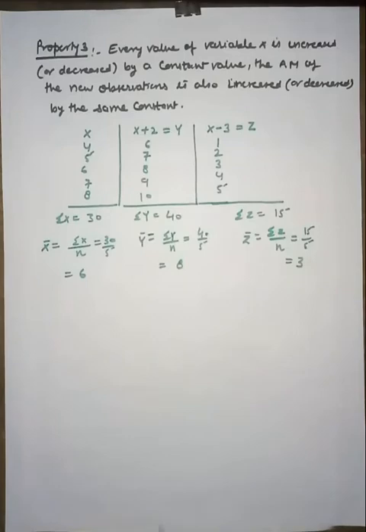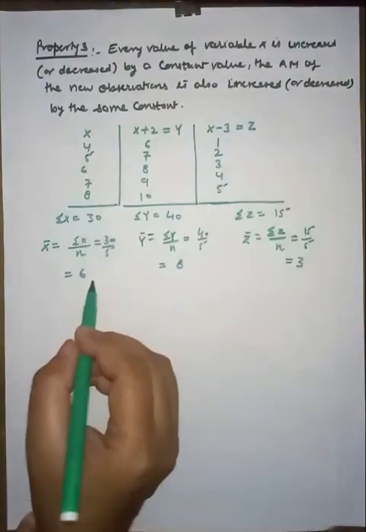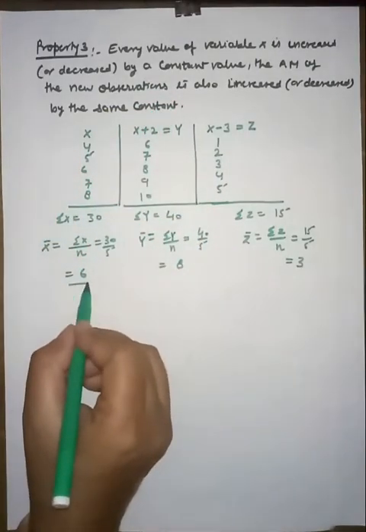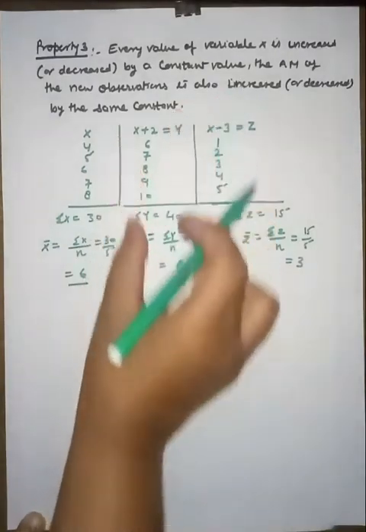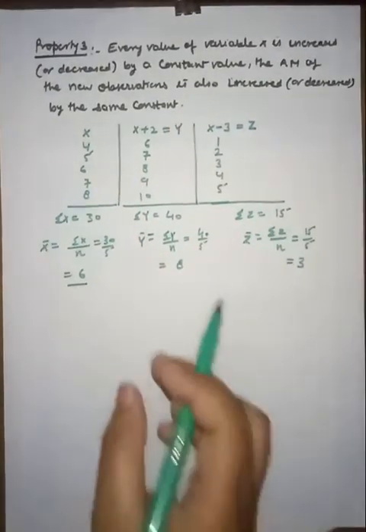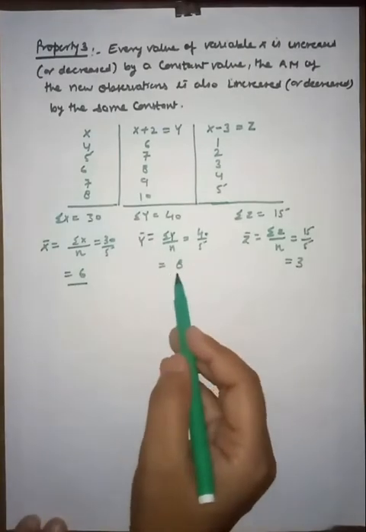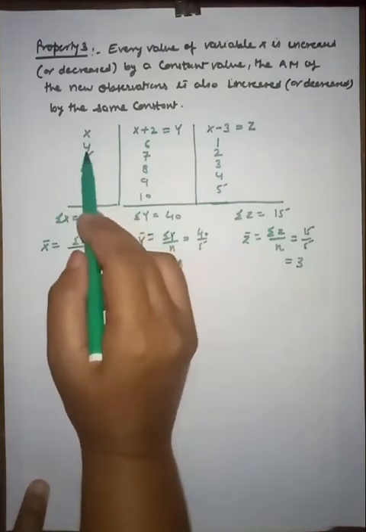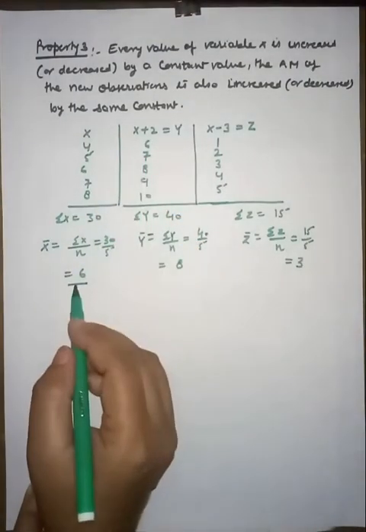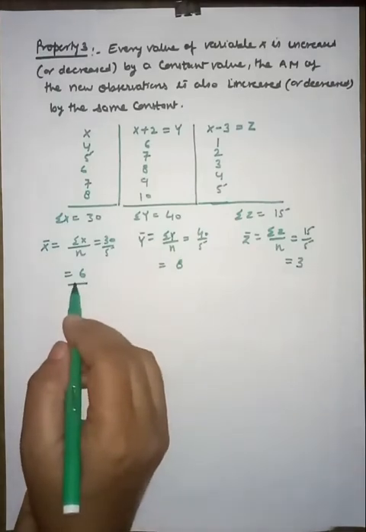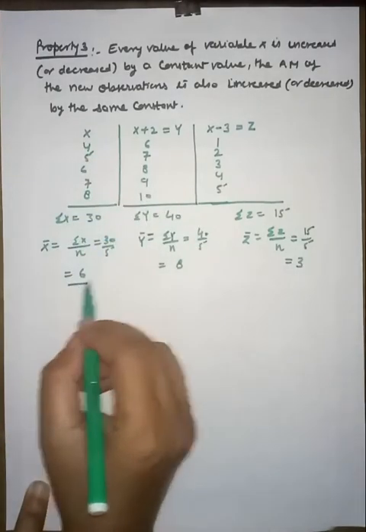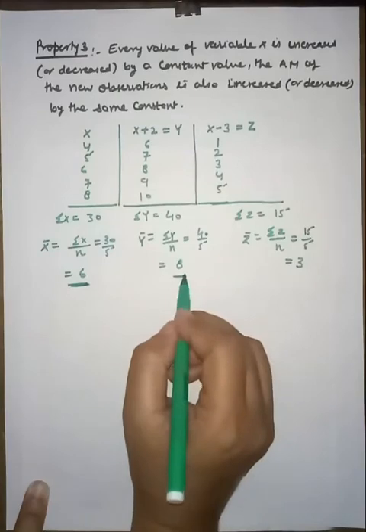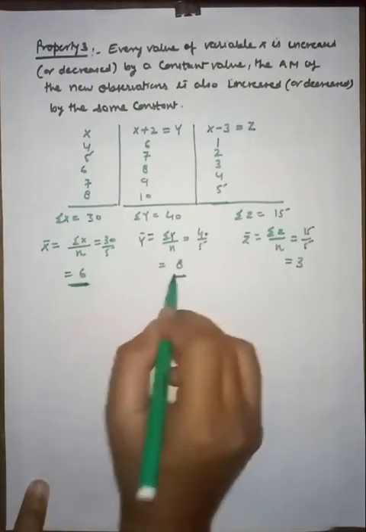Now you see all three arithmetic means. The given variable's arithmetic mean is 6, and the arithmetic mean of the observations increased by 2 is 8. Every value of the variable is increased by 2, so the arithmetic mean of these observations is also increased by 2. So here is 6 and here is 8, increased by plus 2, right?